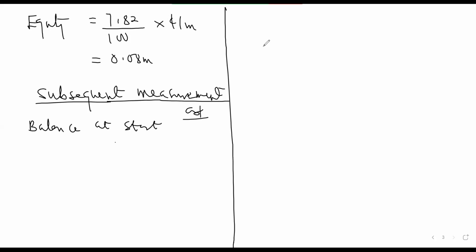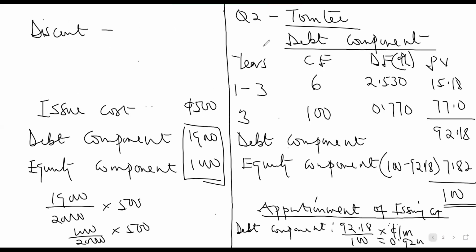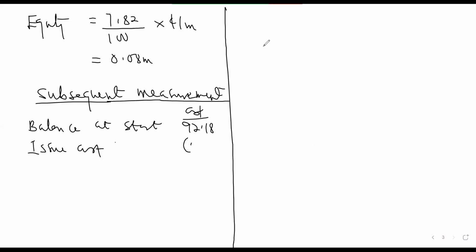You can bring the full amount, the 92.18. What will happen? We have the issuing cost of how much? 0.92. So you take the 0.92 from it. How much are we going to be getting? 91.26.